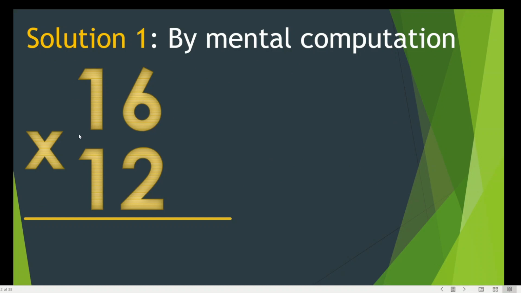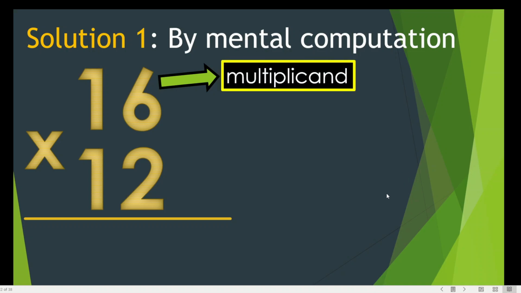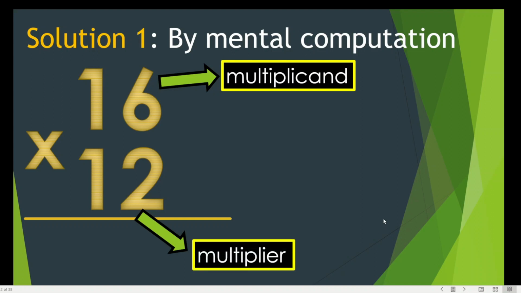Since our number sentence is 16 times 12 equals n, let me explain to you the parts of multiplication. The upper number in the multiplication is what we call the multiplicand, and the lower number is what we call the multiplier.